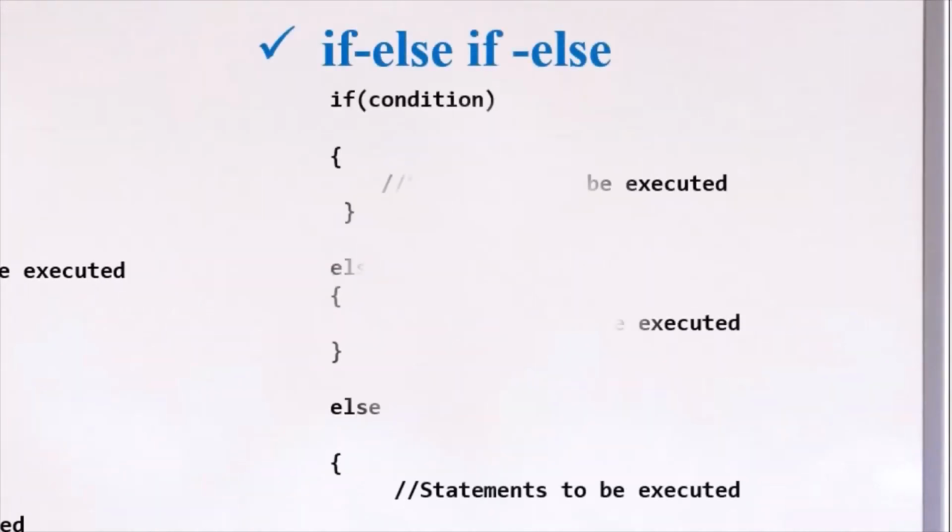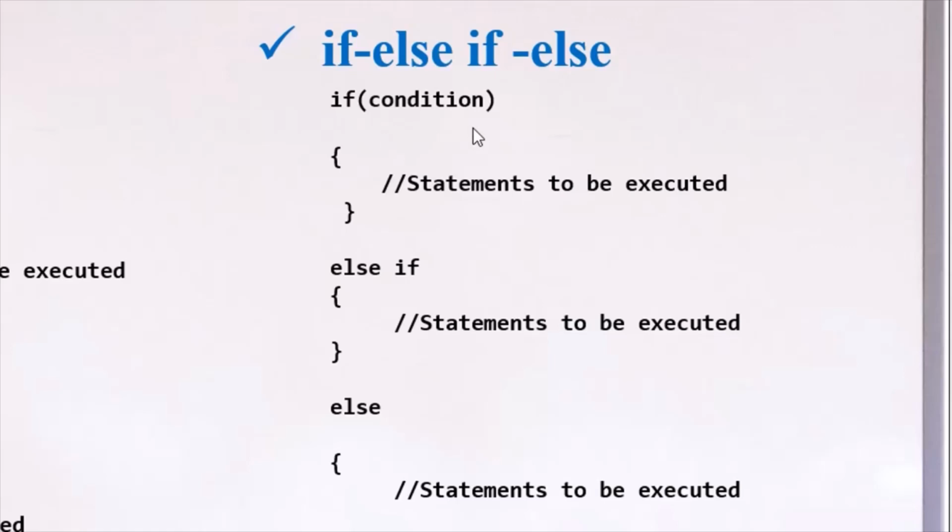For example, if there are three numbers or more than three numbers, and we want to check the largest among the 10 numbers or the largest among two numbers, what do we do? We will put a condition in if, then we will put a condition for else if, and then we will use else.